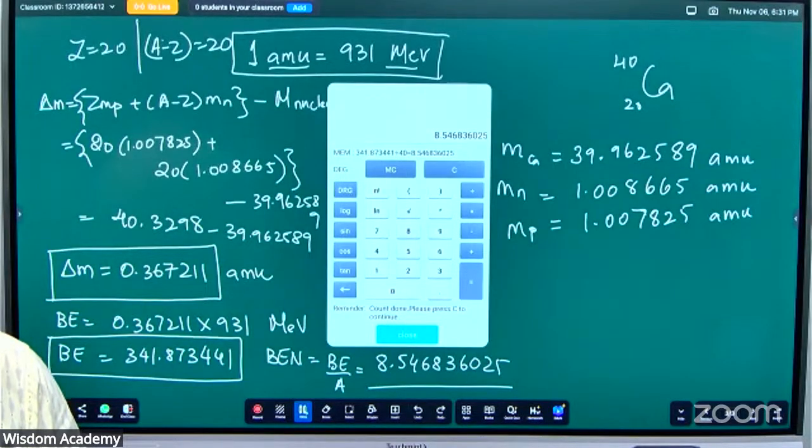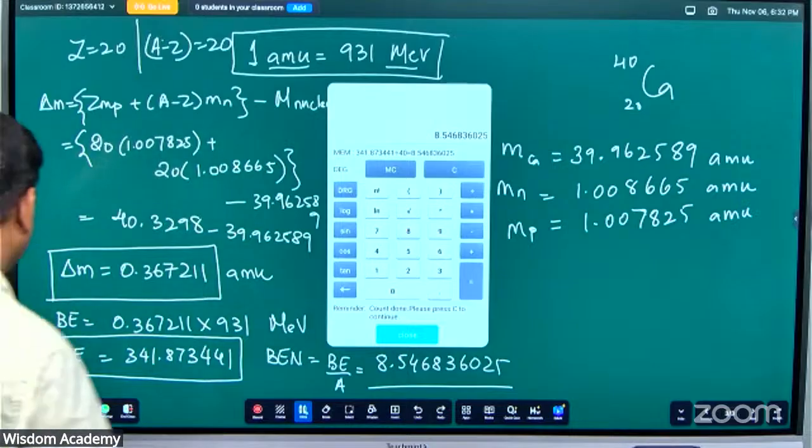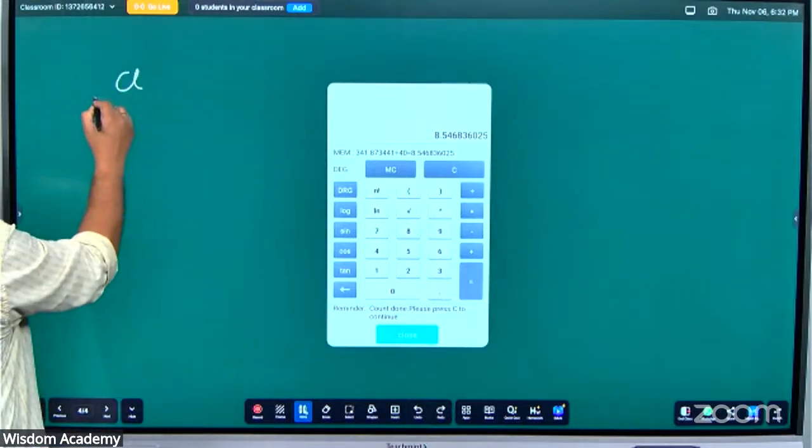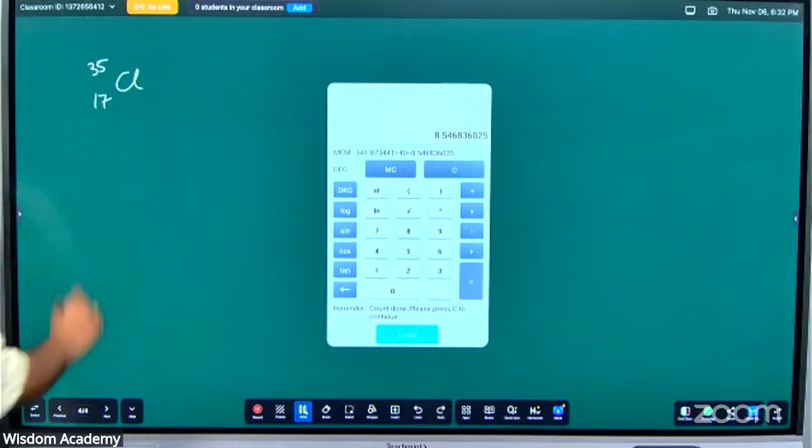You have to find the binding energy per nucleon of chlorine 17, 35. Yes, they have given the values.